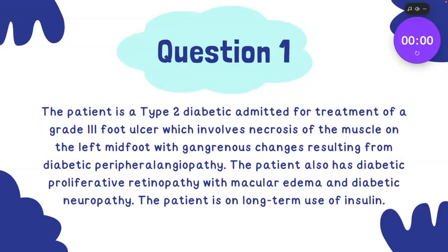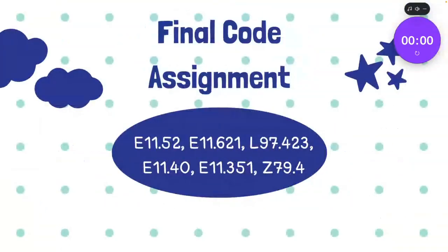So, let me roll out the codes. E11.52 or E11.621 could be sequenced as the principal. You'll notice that there is the L97.423 for that ulcer.